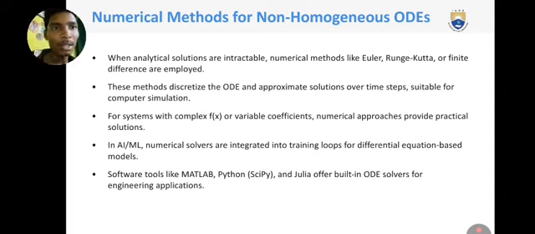These methods discretize the ODE and approximate the solution over time steps, suitable for computer simulation of systems with complex f(x) or variable coefficients. Numerical approaches provide approximate solutions. In AIML, numerical solvers are integrated into training loops for differential equation based models.